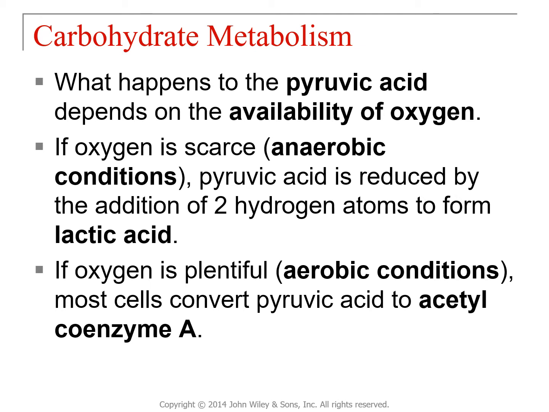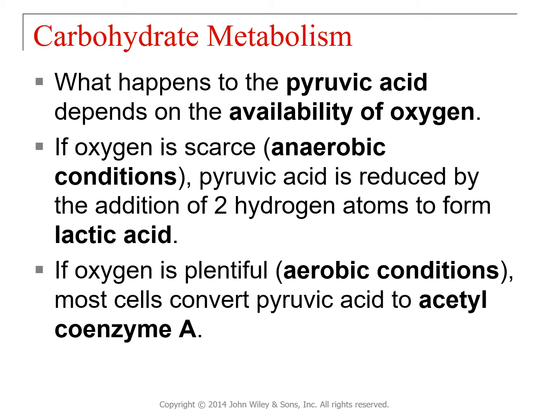However, if oxygen is plentiful, and the cells are under aerobic conditions, most of the pyruvic acid will enter the mitochondria and be converted into acetyl coenzyme A. So notice that glycolysis does not require oxygen, so it occurs in the absence of oxygen or in the presence of oxygen.